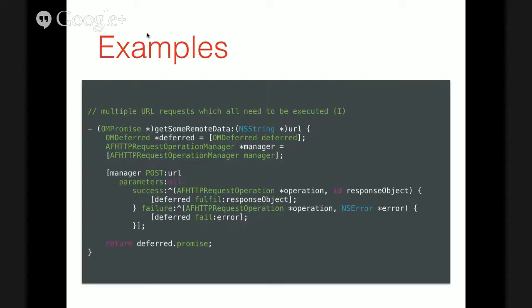And now, in the success block, you call fulfilled on it with the response you got from the API. And in the failure block, you call failure on it with the appropriate error. And at the end of the method, you actually return the deferred.